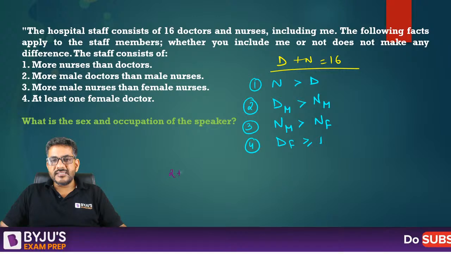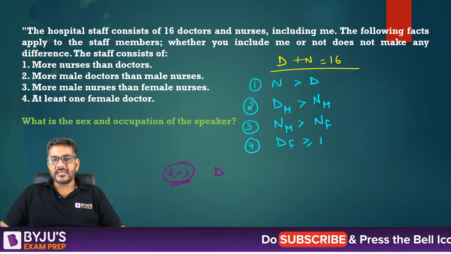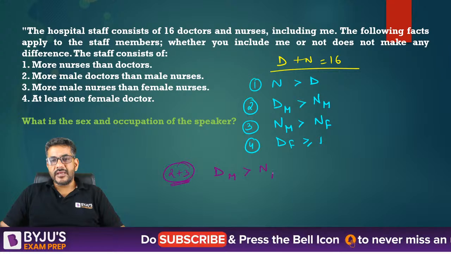Combining the statements 2 and 3, can I say कि 2 और 3 को combine करके मुझे पता लग जाएगा male doctors are more than male nurses who are more than female nurses. Right everyone?